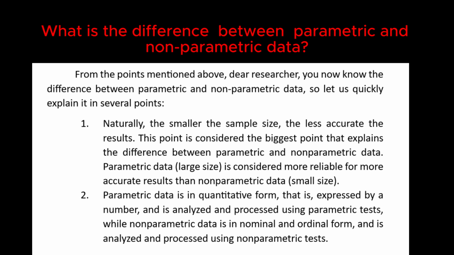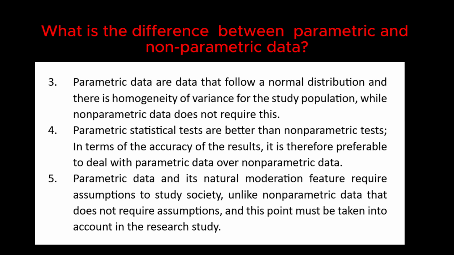Parametric data is in quantitative form, that is, expressed by a number, and is analyzed and processed using parametric tests, while non-parametric data is in nominal and ordinal form, and is analyzed and processed using non-parametric tests. Parametric data are data that follow a normal distribution and there is homogeneity of variance for the study population, while non-parametric data does not require this.